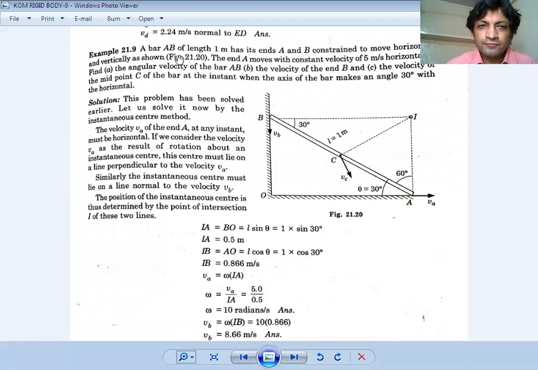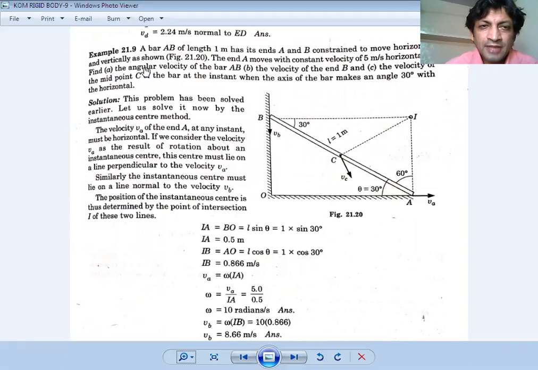A bar AB of length 1 meter has its ends A and B constrained to move horizontally and vertically as shown in the figure. This means the bar is constrained to move in this vertical line at B and in this horizontal line at A. The end A moves with a constant velocity of 5 meter per second horizontally.